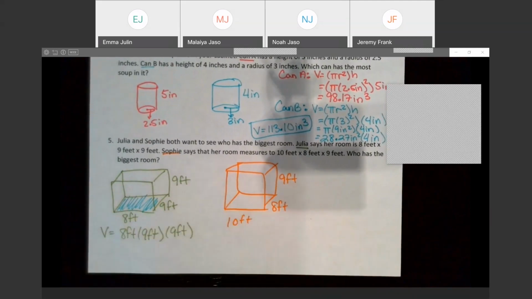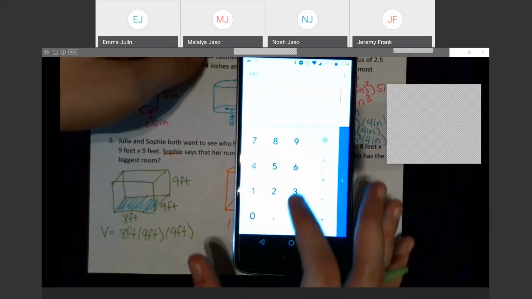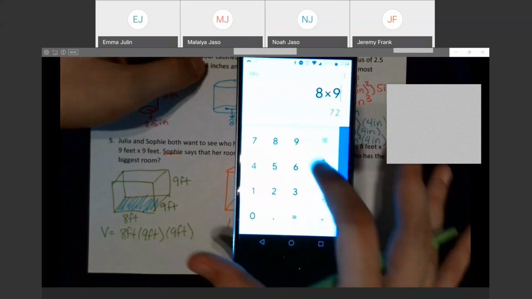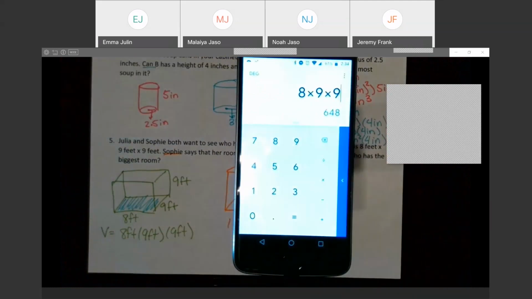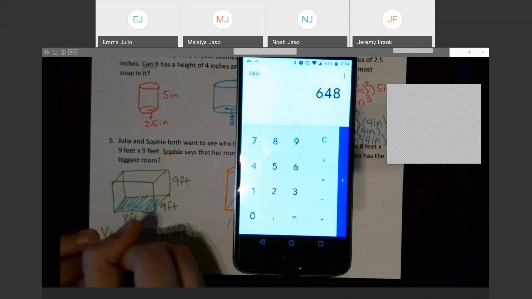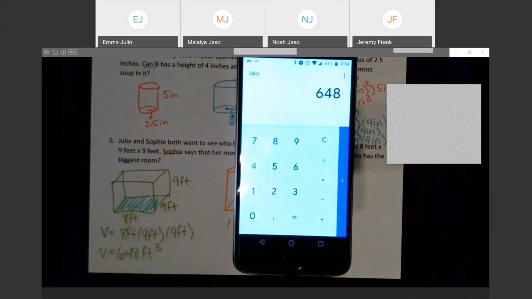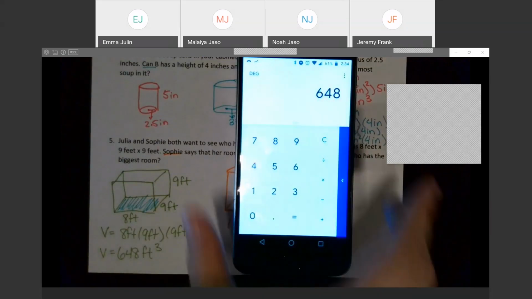And just plug it into your calculator on your phone like this. All you have to do is do 8 times 9 times 9. If you click equals, you get a volume of about 648 feet cubed as your answer for Julia's room.